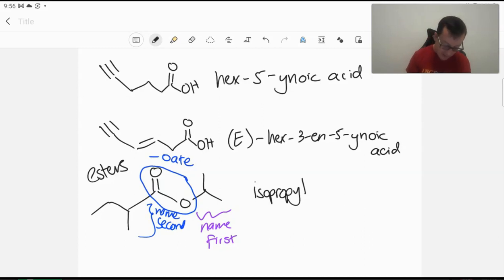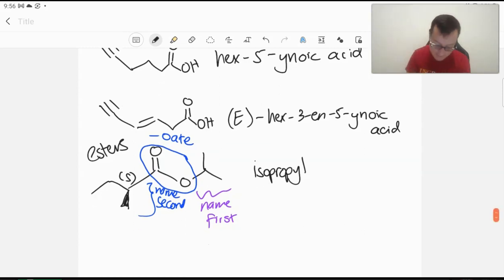Oh, shame on me, I have some stereochemistry. Ho, ho, ho. Thought we were done. So no, 1, 2, 3, this is an S stereocenter. So isopropyl, still name that part first.